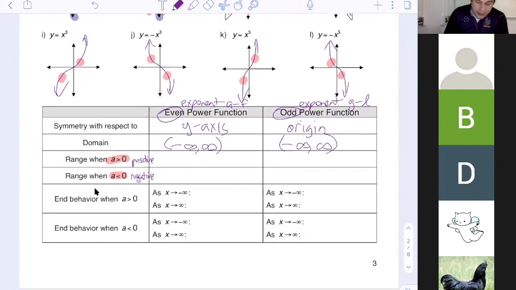It's bracket, first, they look like this. So the range would be bracket lowest y value to infinity. And when a is negative, which looks like this, the arrows are pointing down to infinity, so that's where we start from negative infinity to the biggest y value.